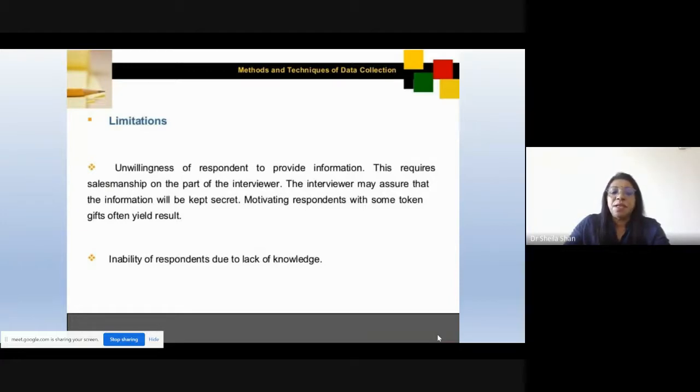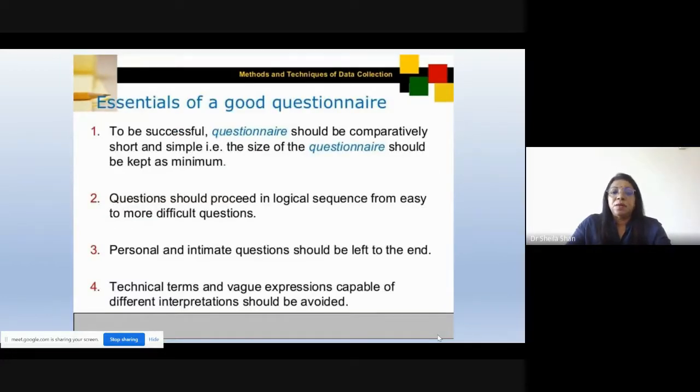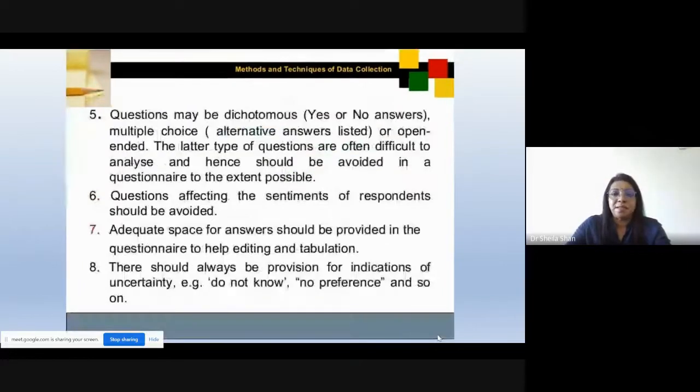Another limitation is the inability of the respondent due to lack of knowledge. Maybe they don't know much about what you're asking. So the questionnaire must always be relevant to our culture. It mustn't be a sensitive kind of question and must be easily understood. That is the reason we do a pilot test, to know how reliable our questionnaire is. Yeah, you must do a pilot test.